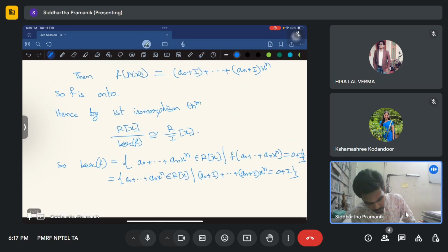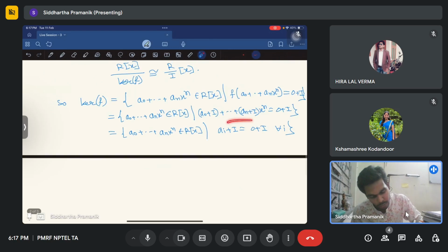Then what you will get is the set of all those polynomials in R[x] such that ai plus I equals 0 plus I for all i.